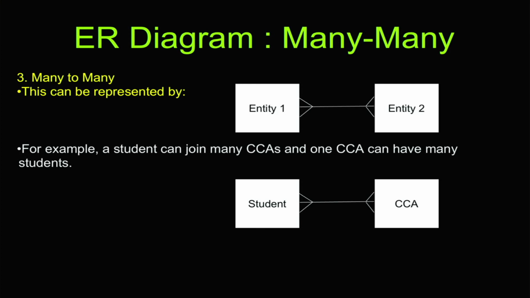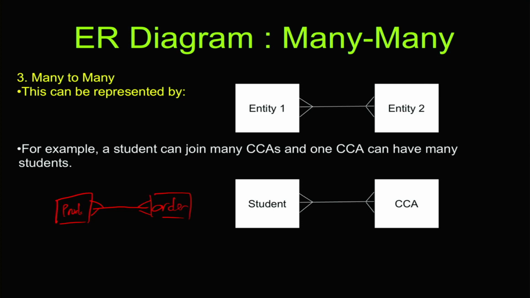To come up with something else, let's say you have a product and you have an order. A product can be part of many orders. An order can contain multiple copies of the product. So this is an example of a many-to-many relationship.